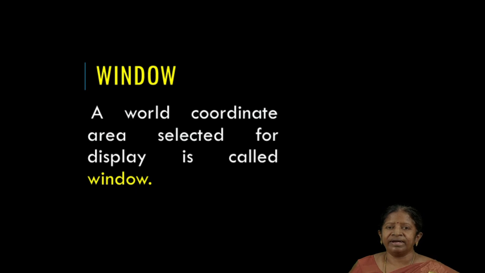By world coordinate dimension I mean, here we have a camera. The camera is capturing me alone. Other objects which are outside the vision of the camera are removed.